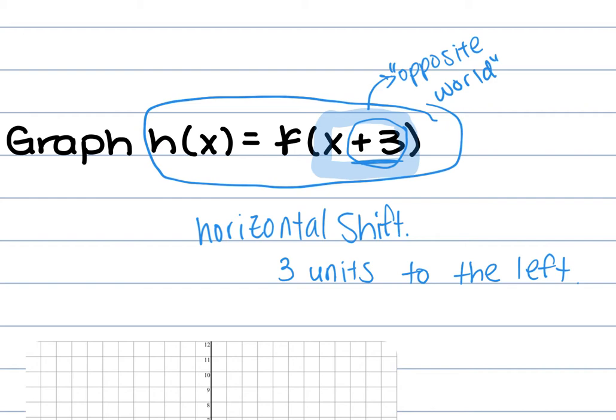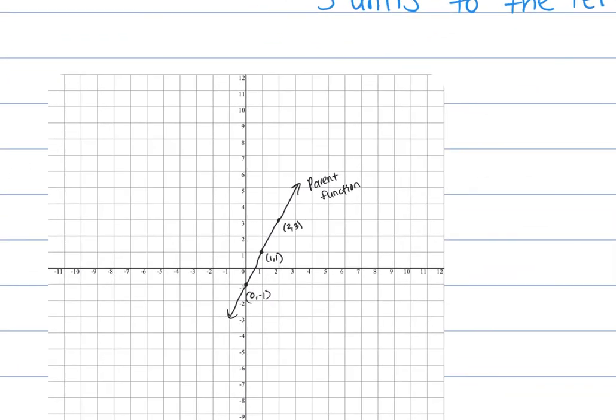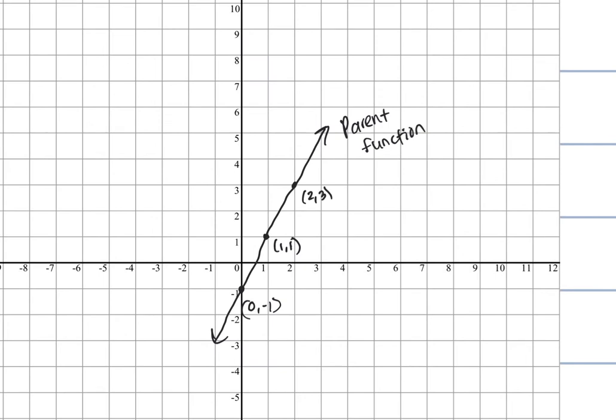So look what happens. Every single point, we're just going to take an arrow and move it 3 units in the other direction, 3 units to the left. We have 3 new points, and we're going to draw a line through those 3 points.